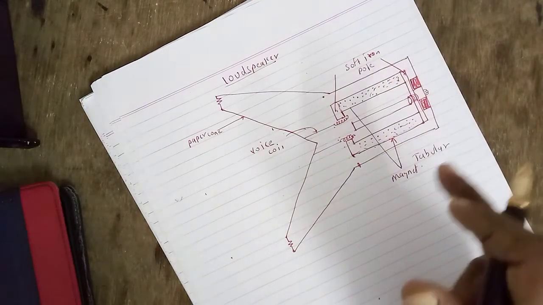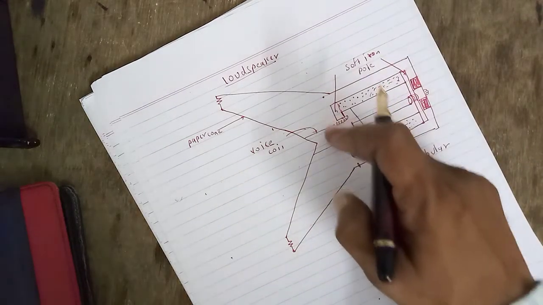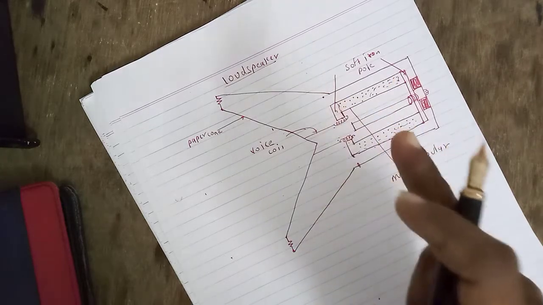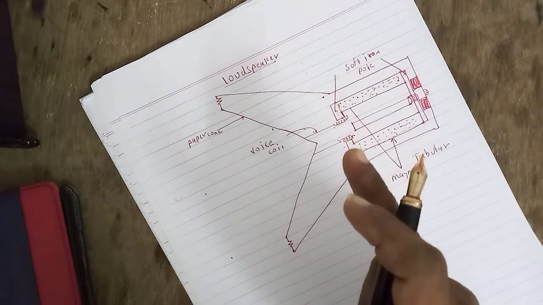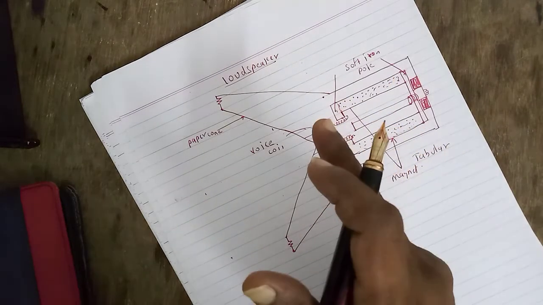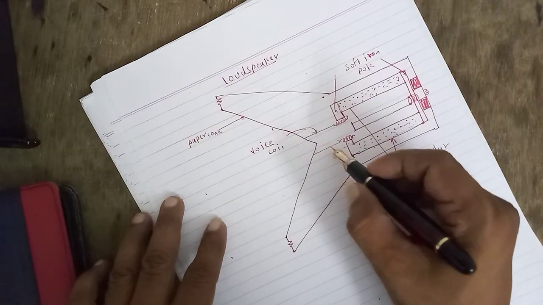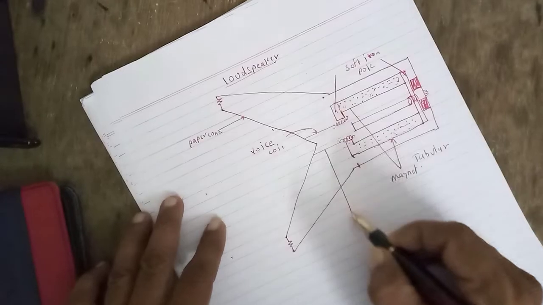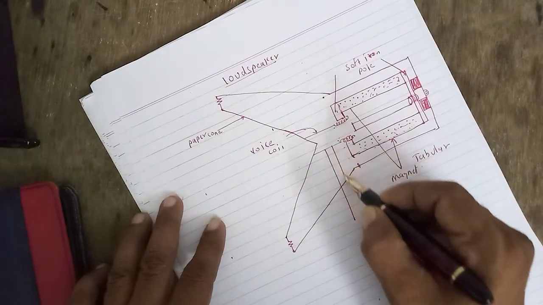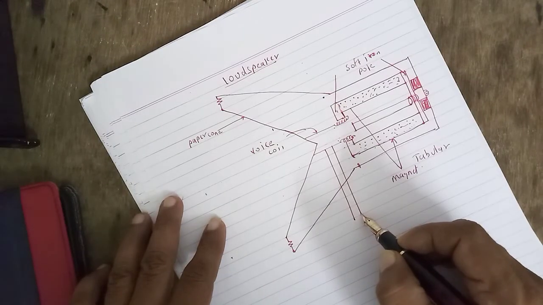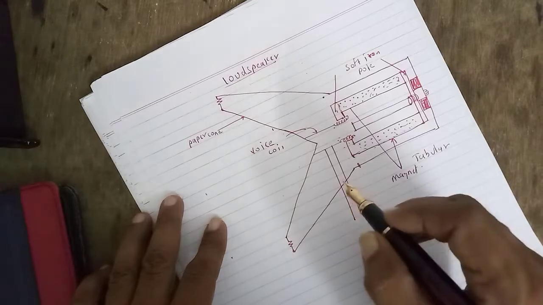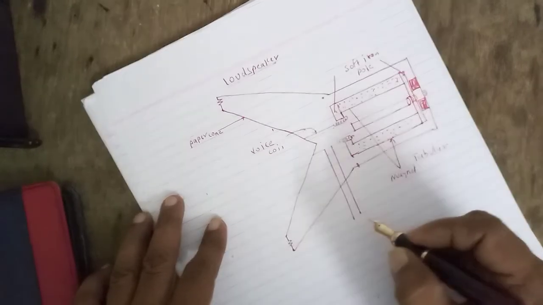Okay, students. So from this particular voice coil, you are getting the two wires. Those two wires are a flexible lead to the coil. So here you will be obtaining the connection like this. This is the two wires. This wire is a flexible lead of that particular coil.